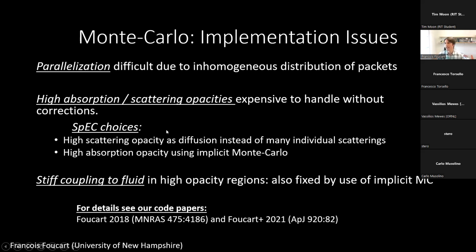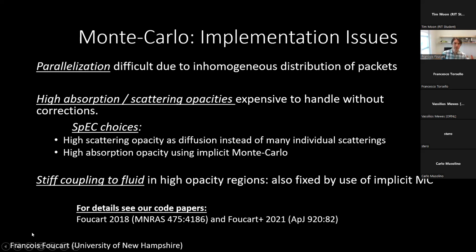The problem is that if you were just applying Monte Carlo straight up without any correction, you would need to handle millions of scattering events, emission and reabsorption of neutrinos during each time step for each packet, which would be very expensive. And on top of that, because of the stiff coupling with the fluid, you might again run into numerical instabilities in the evolution of your fluid if your time step is too large, which it nearly certainly will be if you don't do anything special.